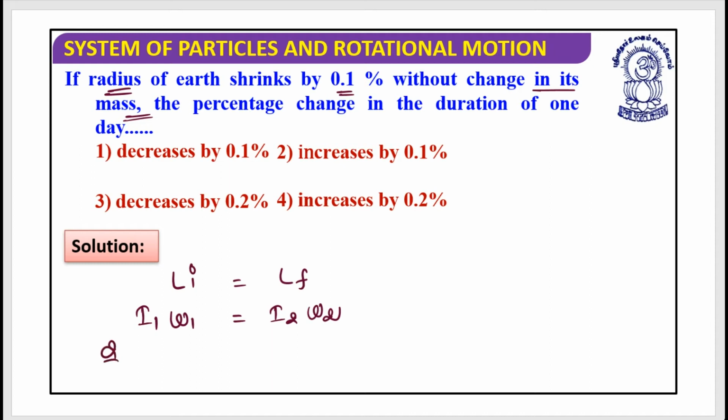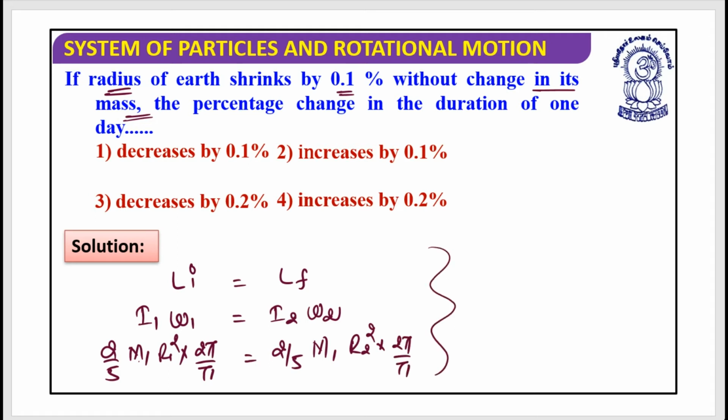If I write it like this, it's 2 by 5 m1 r1 square multiplied by 2 pi by t1, which is equal to 2 by 5 m1, because mass is not going to change, into r2 square into 2 pi by t2.